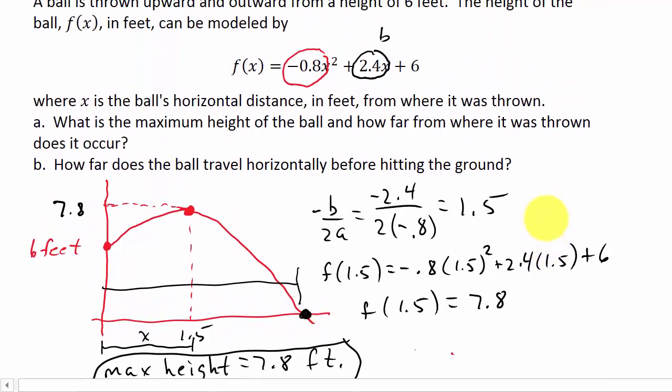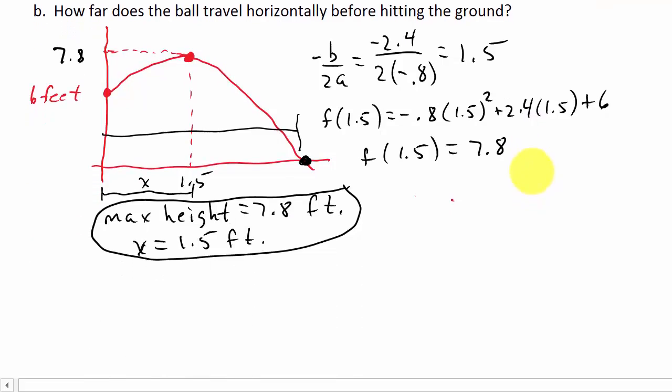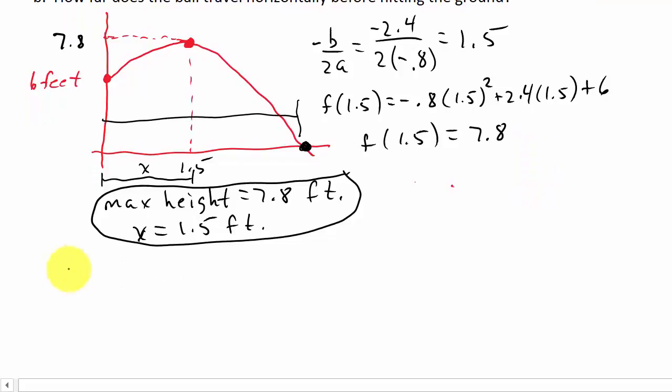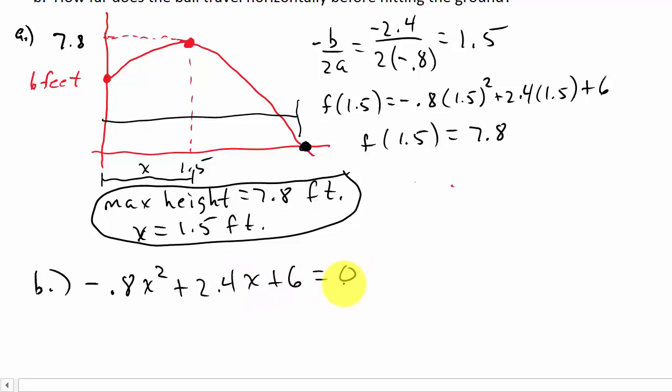So what we need to do is set our function equal to 0 and solve. This is part B, and this was part A up here. So that's going to be negative 0.8x squared plus 2.4x plus 6 equals 0.